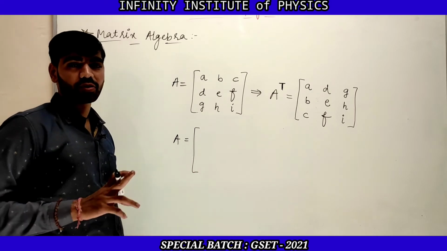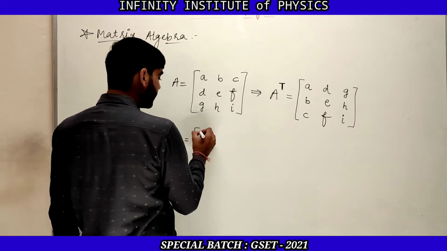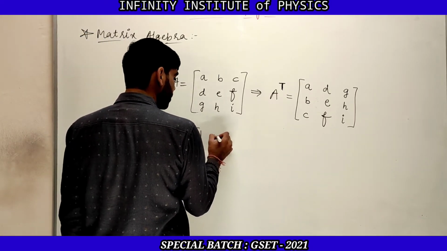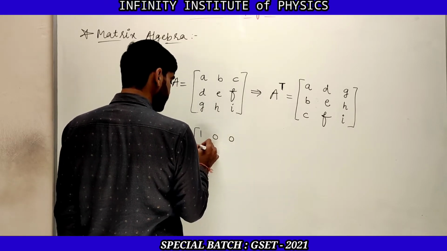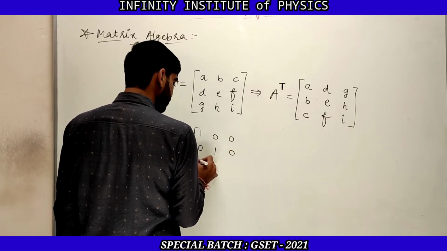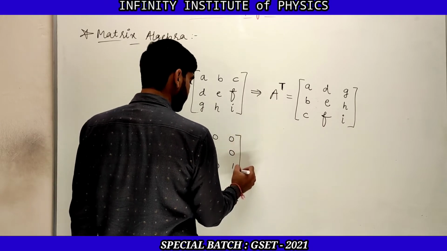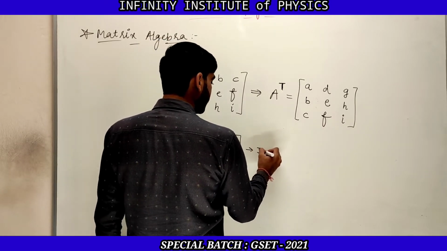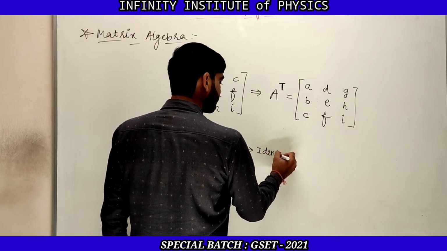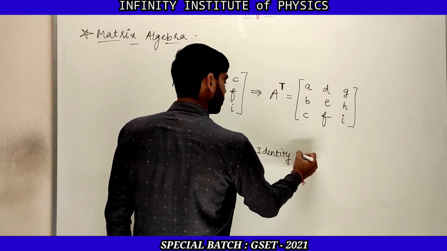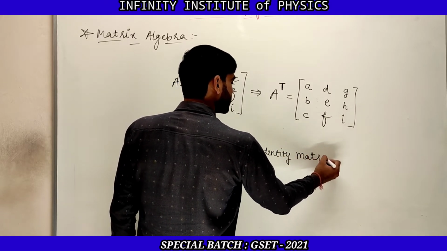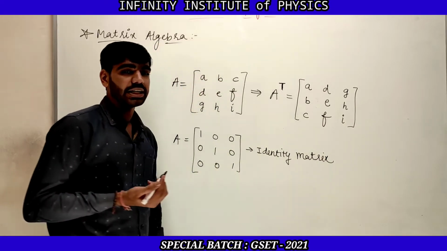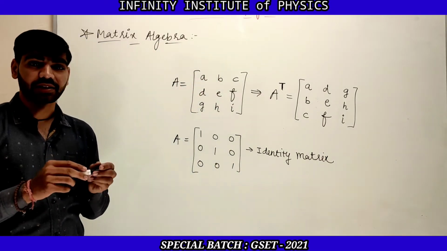This is defined only for a square matrix. So 1 0 0, then 0 1 0 and 0 0 1. This is said to be the identity matrix, or you can say a unit matrix.